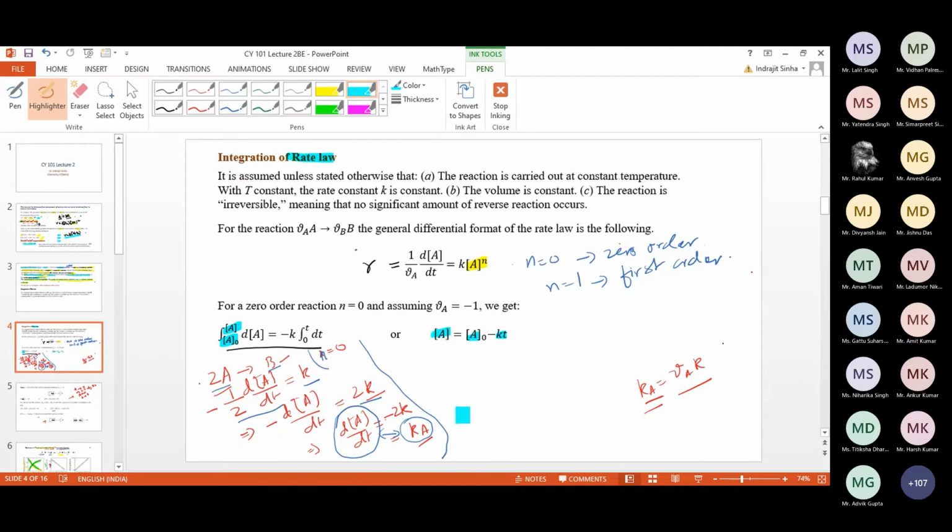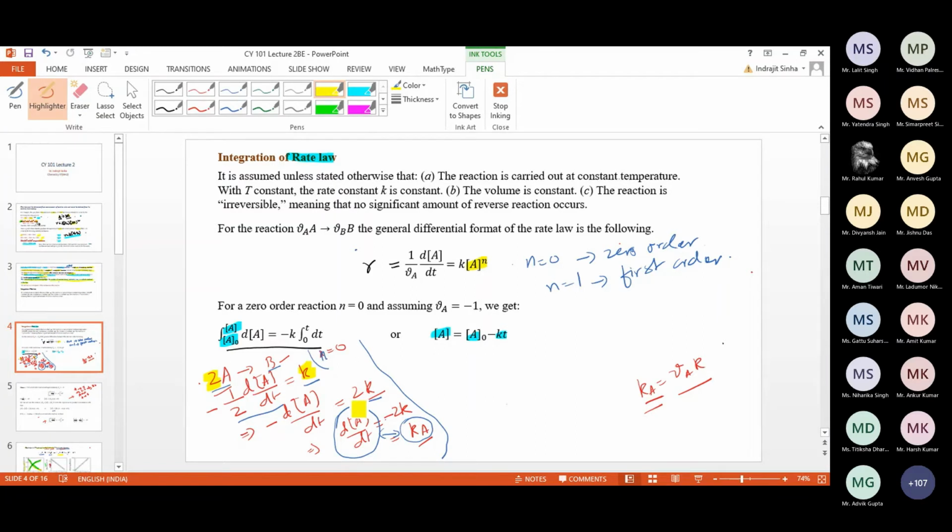Now, of course, whatever I have written over here in pen is something that I have mentioned in the earlier class. If you do not take into account the stoichiometric coefficient, like here, twice A gives B, then the rate equation will look like this: 1 divided by 2 minus dA by dt is equal to K, and you can then integrate it.